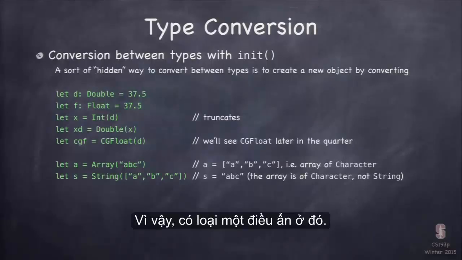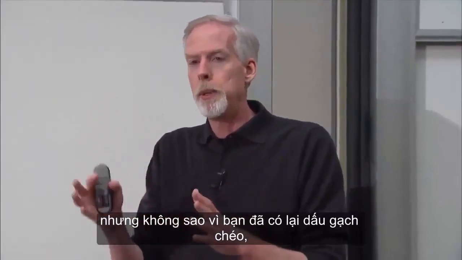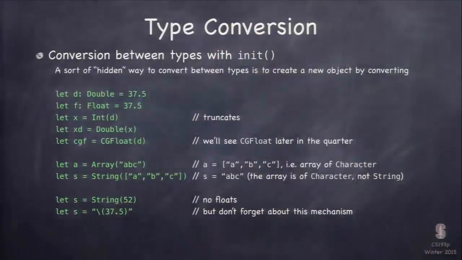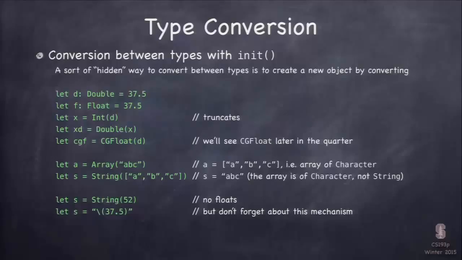Notice that you can't do String of 52.5, but that's okay because you have that backslash open parentheses thing to convert floats to strings. You can do String of 52 though, because it has toInt. It kind of knows how to do that.